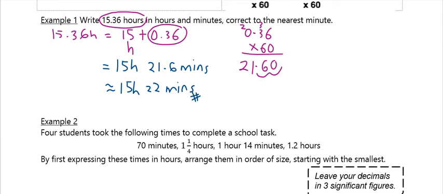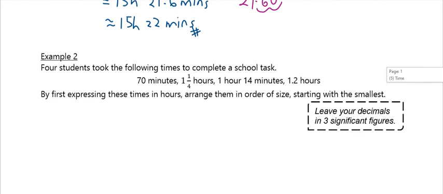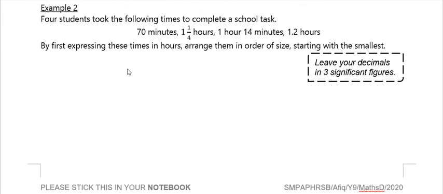Now for example number 2. Four students took the following times to complete a school task. One student takes 70 minutes, one student takes 1.25 hours, one student takes 1 hour 14 minutes, and one student took 1.2 hours.